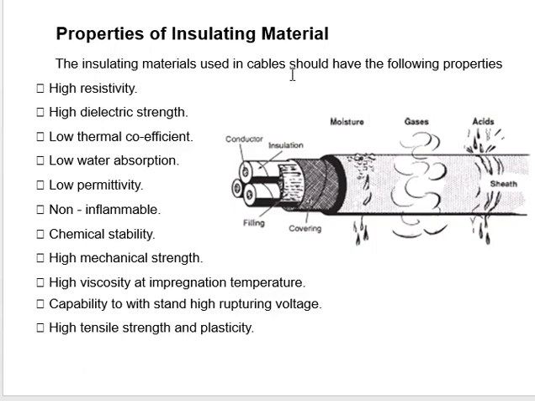The insulation material used in a cable should have the following properties: high resistivity, high dielectric strength, low thermal coefficient, low water absorption, low permeability, non-inflammable, chemical stability, high mechanical strength, high viscosity at impregnation temperature, capability to withstand high rupturing voltage, high tensile strength and plasticity.